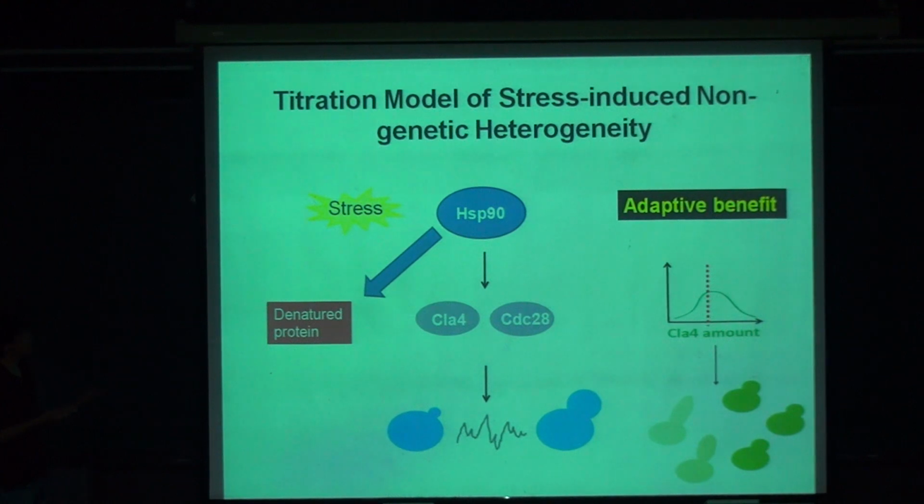So one prediction is that these two proteins' levels should be reduced. And the second prediction is that, because now stress titrates out those chaperones, if we just give the cell a large amount of Hsp90, then maybe they can rescue the phenotype.